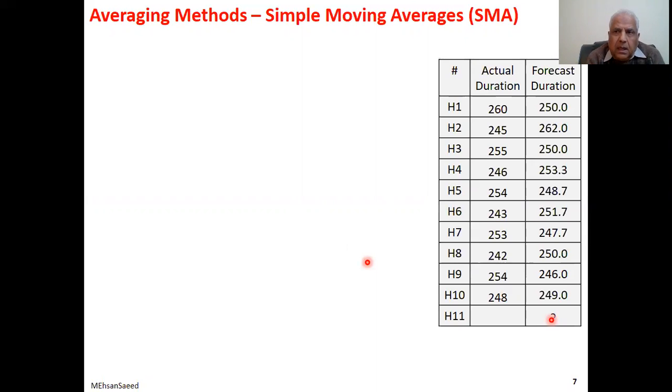I would like to make one point here, which is extremely important: whatever averaging technique you may use, it is the actual data and not the forecasting data which matters.